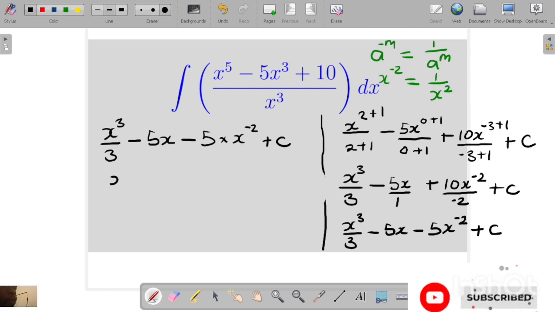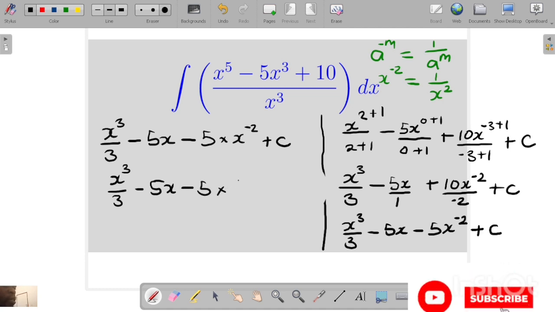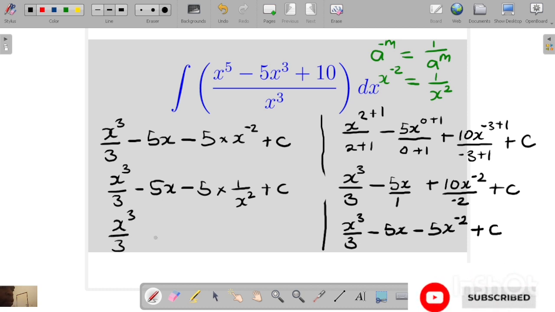So we are going to have x to the third power over 3 minus 5x minus 5 times 1 over x to the second power plus c. So finally we have x to the third power over 3 minus 5x minus 5 over x to the second power plus c.